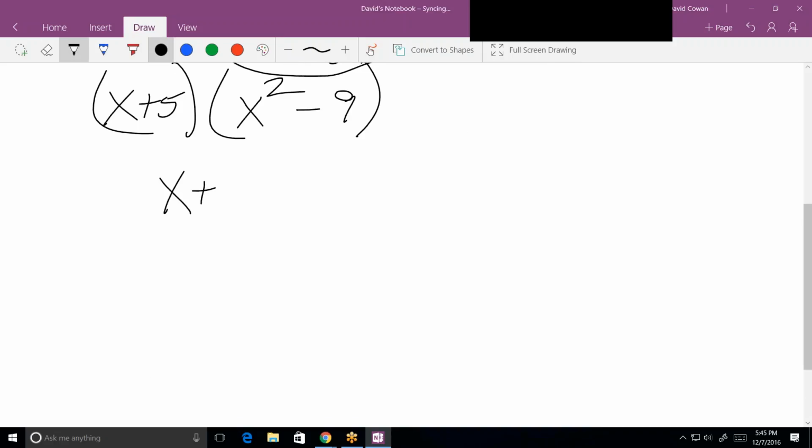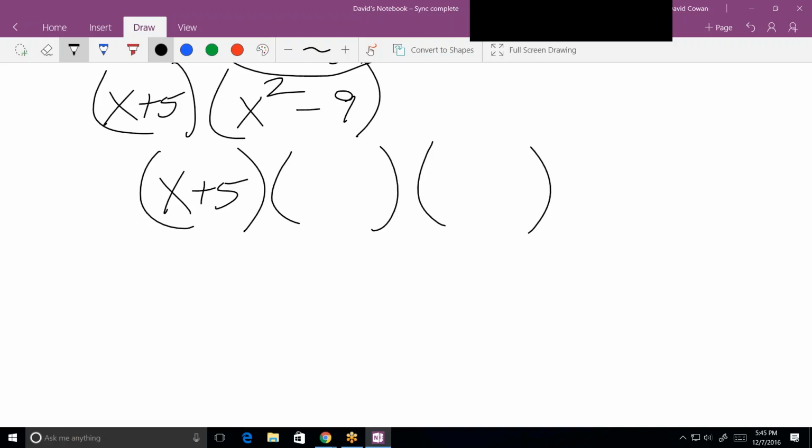What's it factor into? Wait, so what am I looking for when I factor that? Factoring the difference of perfect squares. It factors into x minus 3 times x plus 3. Oh, right, because those both end up being really nothing.